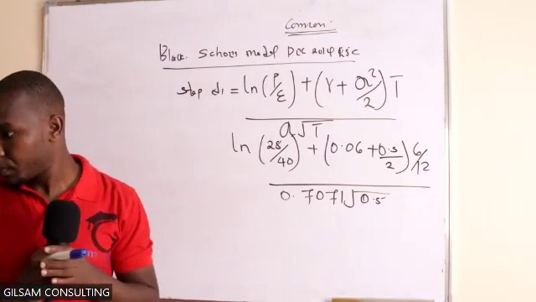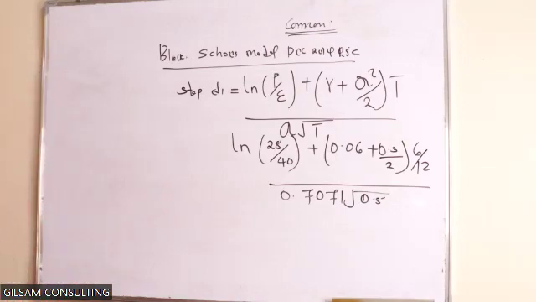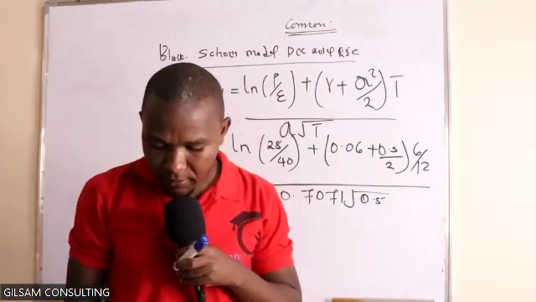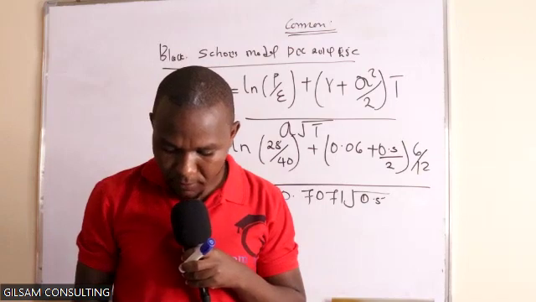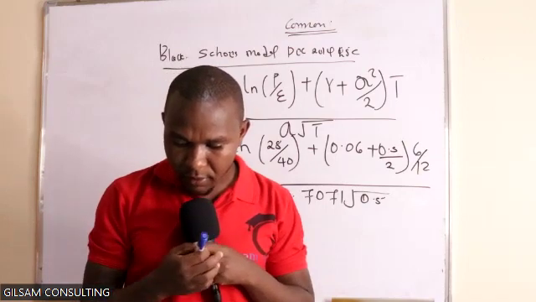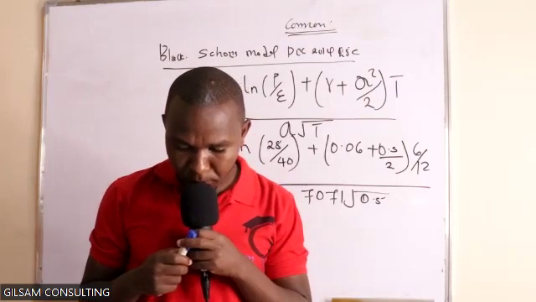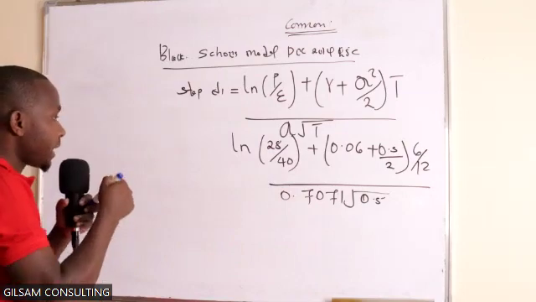Click shift, LN, 28, we divide by 40. It gives negative 0.3567.